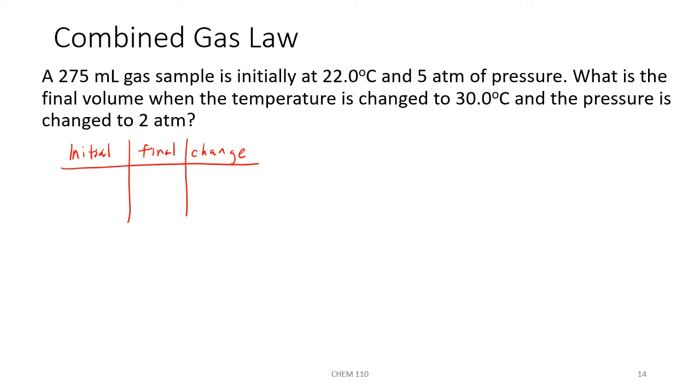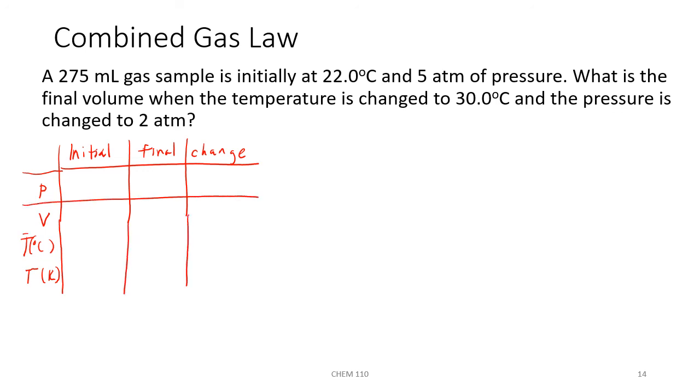Our variables are going to be our pressure and our volume. We can make a list of our temperature in degrees Celsius and our temperature in units of Kelvin. This is just so you can keep track of everything before we plug it into the combined gas law.